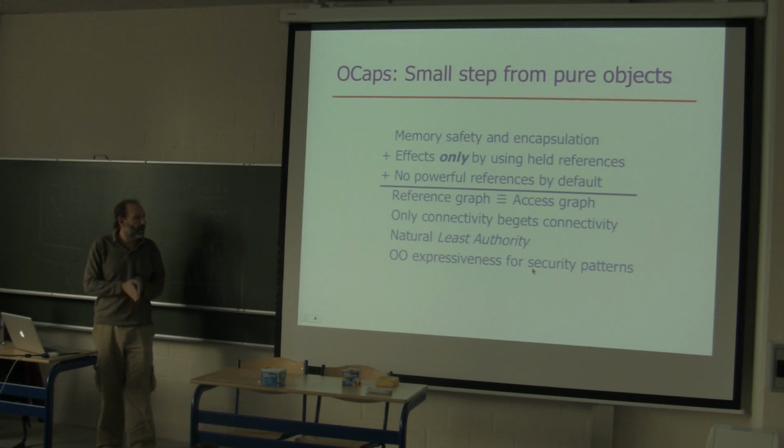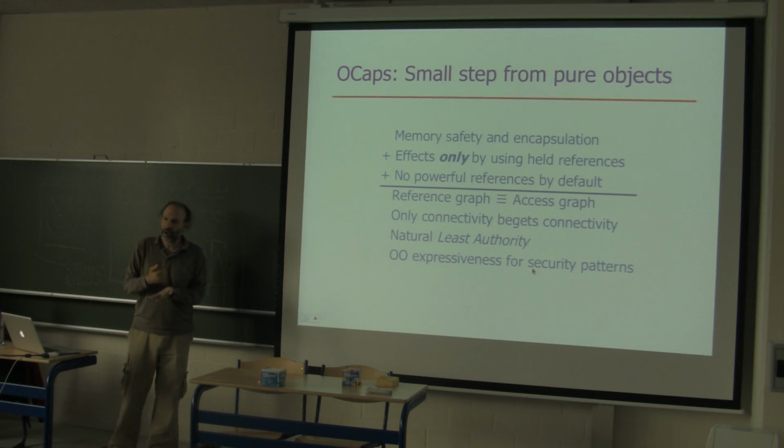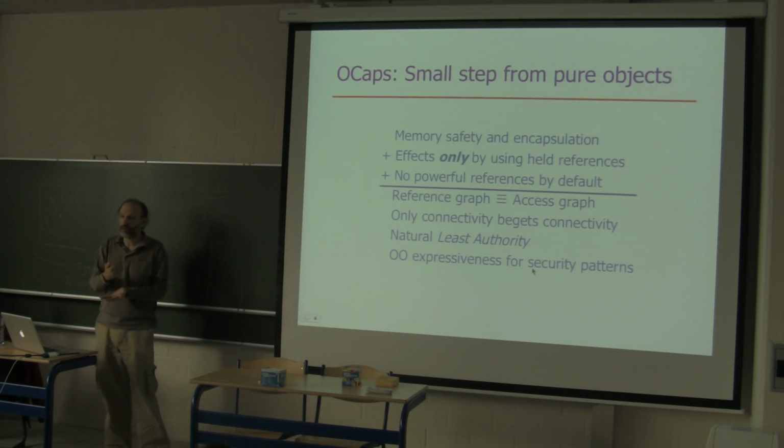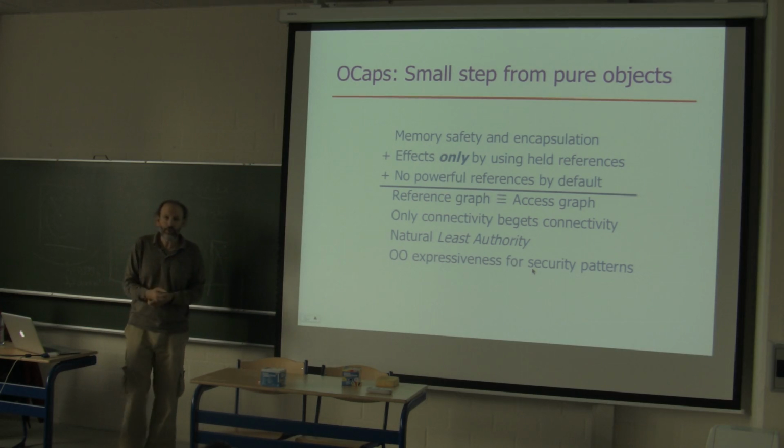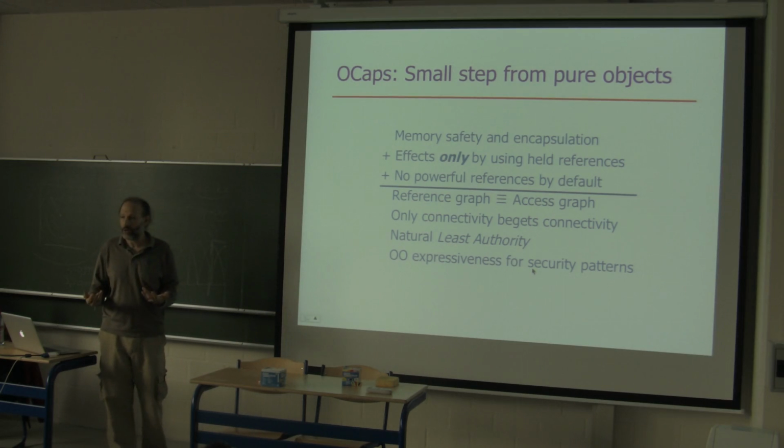And most important, it enables us to use the expressiveness of object-oriented programming, to apply that expressiveness to the problem of expressing security patterns. And by bringing that power, that expressiveness that we've built up for all sorts of other reasons, we enable ourselves to express the solution of security problems normally thought hard with simple, elegant pieces of code.